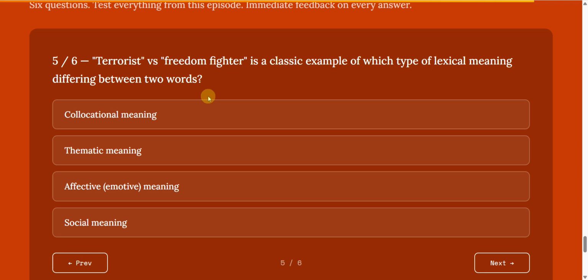Next one: terrorist versus freedom fighter is a classic example of which type of lexical meaning differing between two words? Collocational meaning, thematic, affective or emotive meaning, social meaning. So it depends upon the situation.